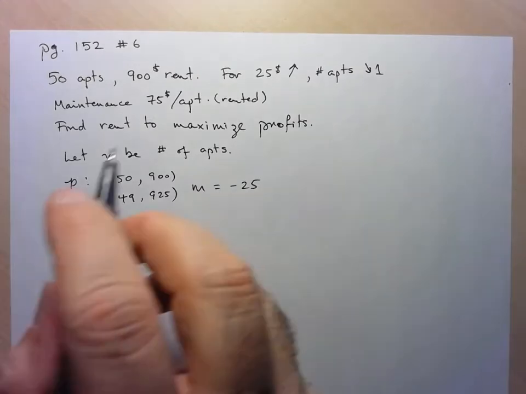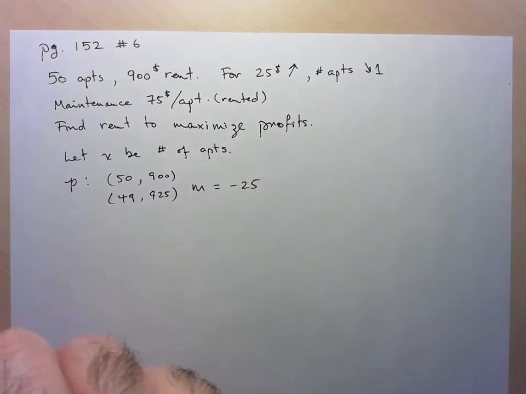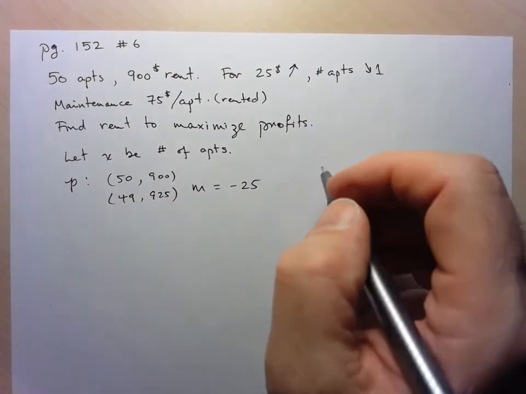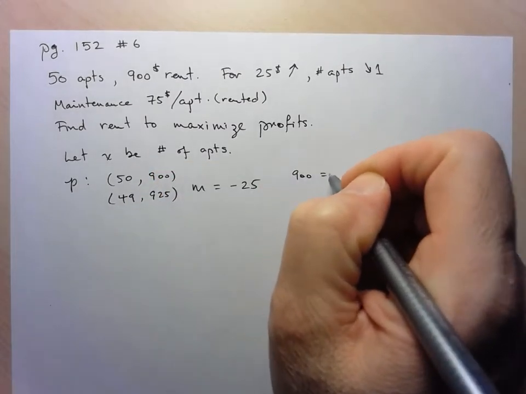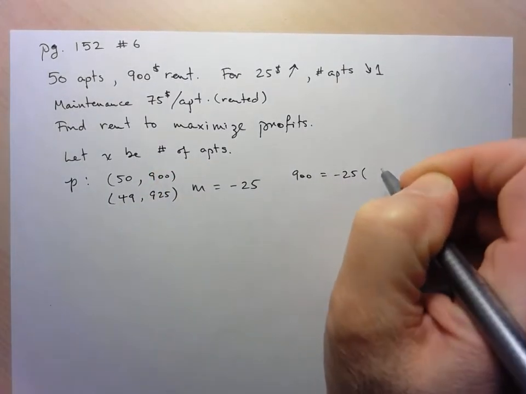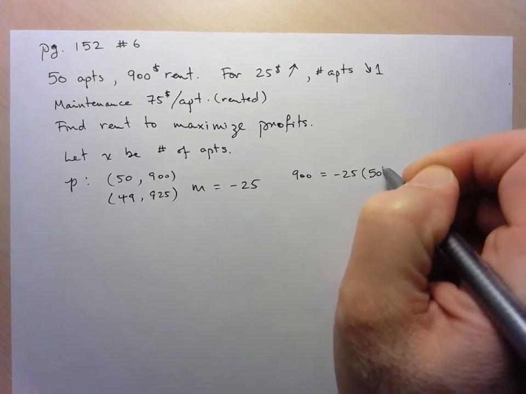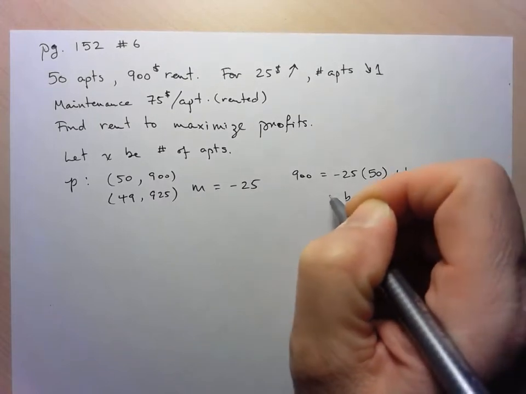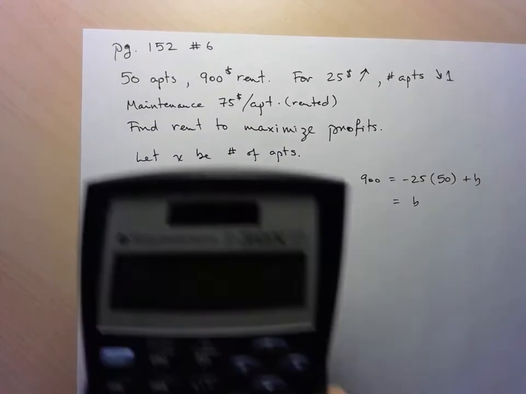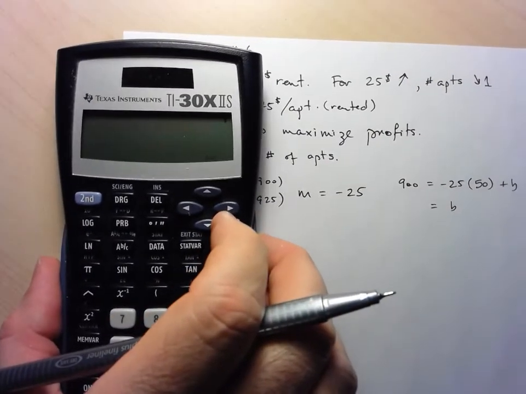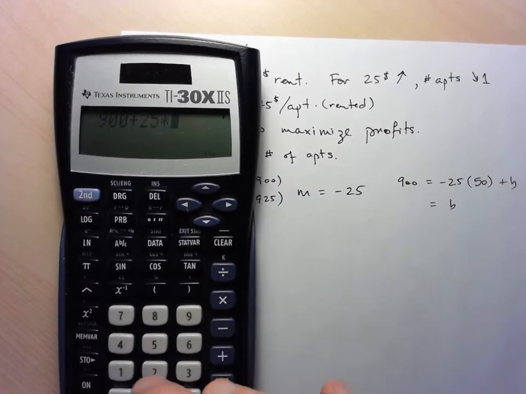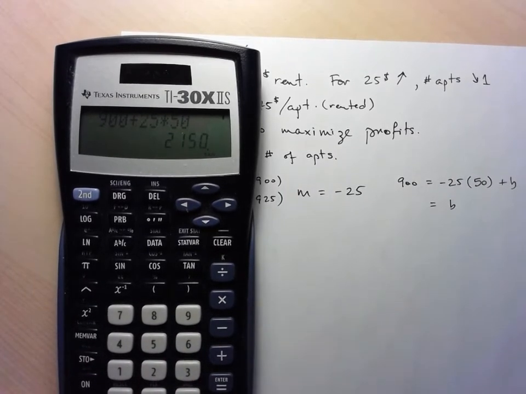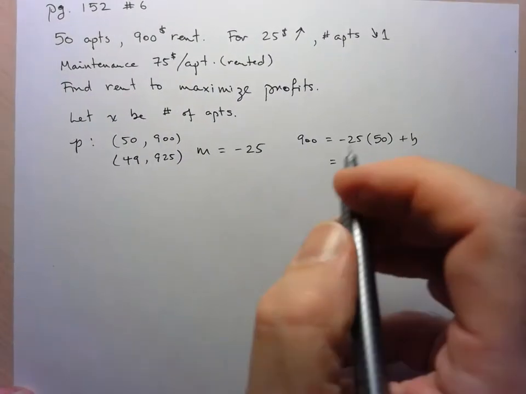Just my y2 minus y1 over x2 minus x1, and I'll stick this into y equals mx plus b. I'll pick that first point: 900 equals -25 times 50, plus b. So b will be equal to 900 plus 25 times 50, since I'm bringing it to the other side, so 2150.